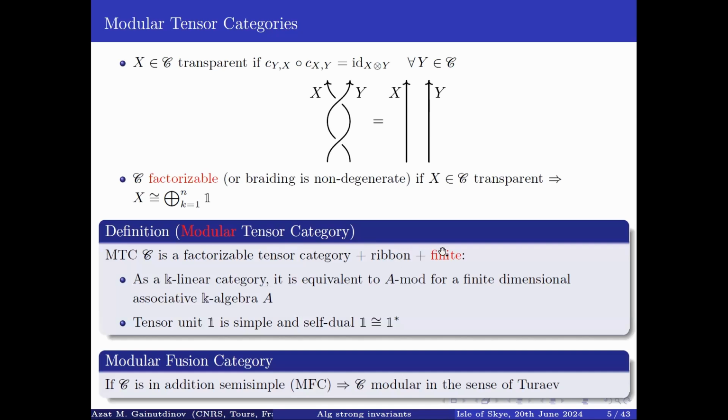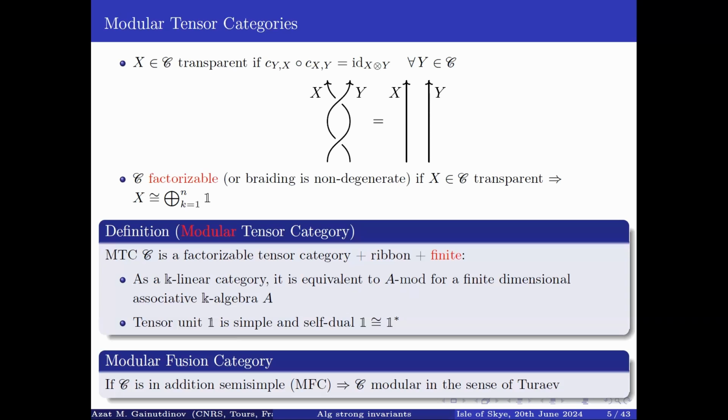And the finite condition means that basically we are working with representations of some algebra. So as a k-linear category, it's just equivalent to finite dimensional representations of a finite dimensional quasi-Hopf algebra. Okay, so particularly it's abelian, it has enough projectives, it has finitely many isoclasses of simple objects, it doesn't have to be semi-simple.